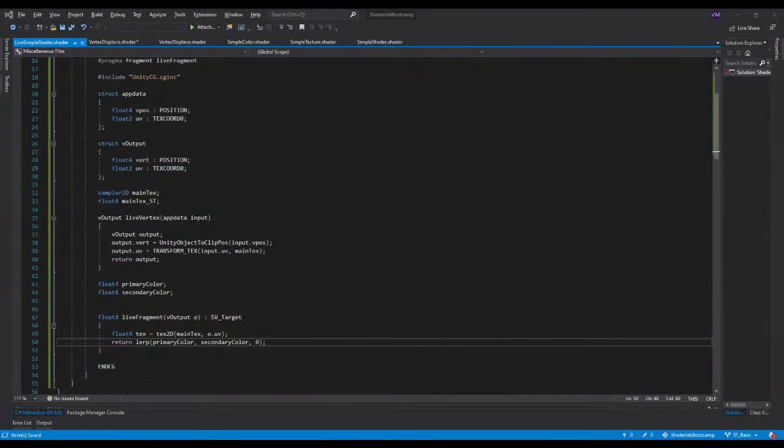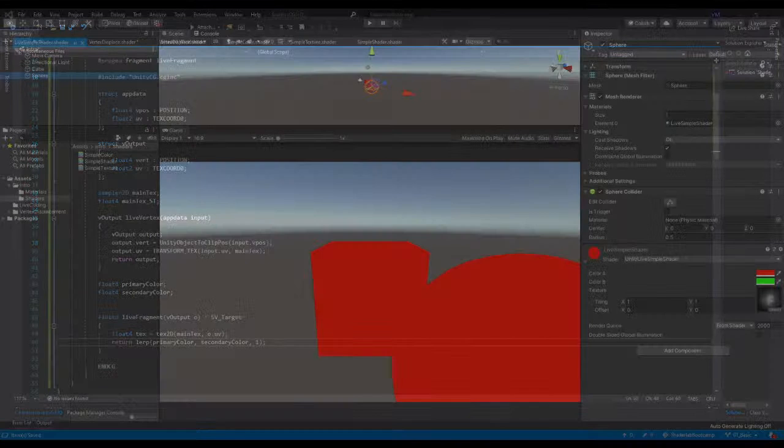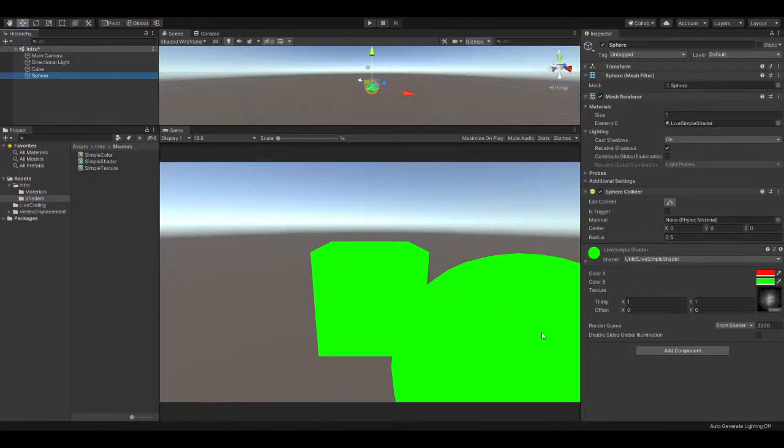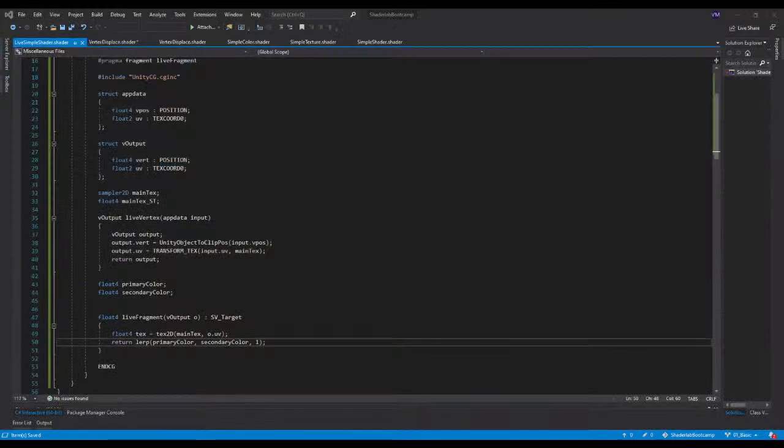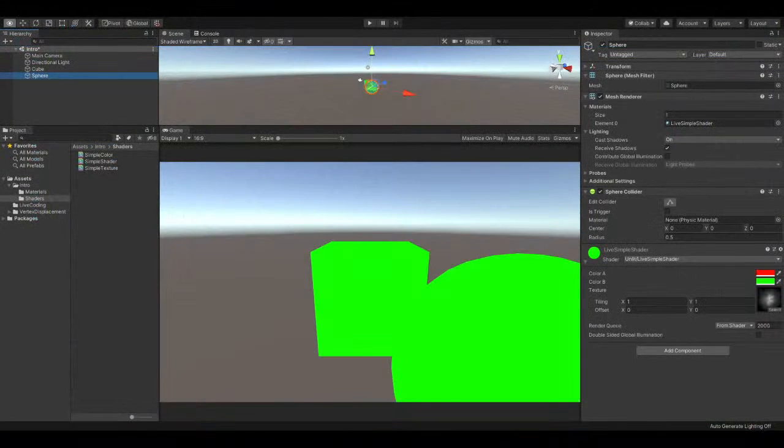If it is, let's say, 1, it's going to be secondary color. Now if I give it a grayscale value, it will be a mixture of it. 0.5, and if you go here and check it out, it's a mixture of that.